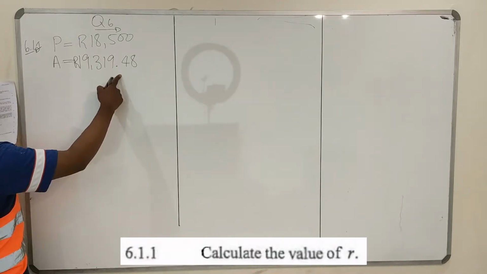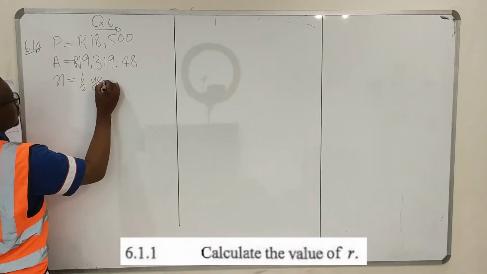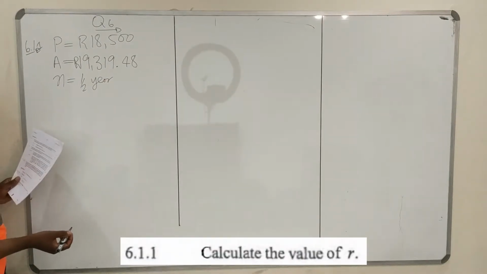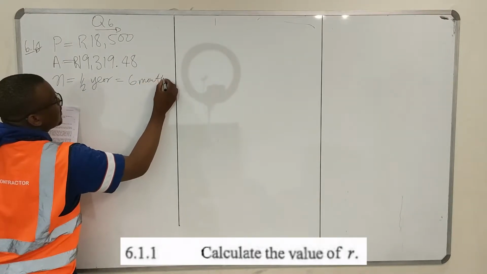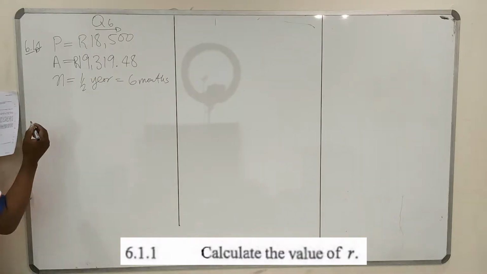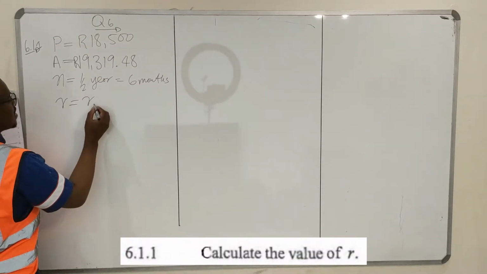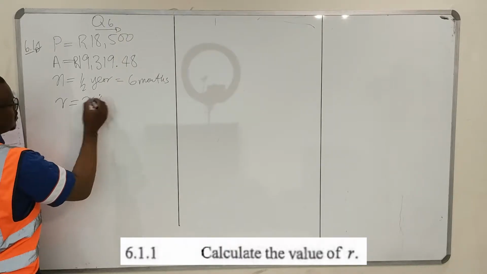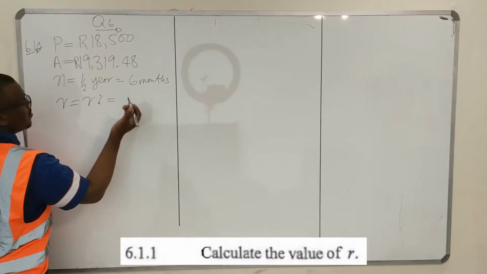After the period, the number of years is half a year, because it's 6 months, right? It's half a year, and the interest rate is R%, right? That's what they give you.